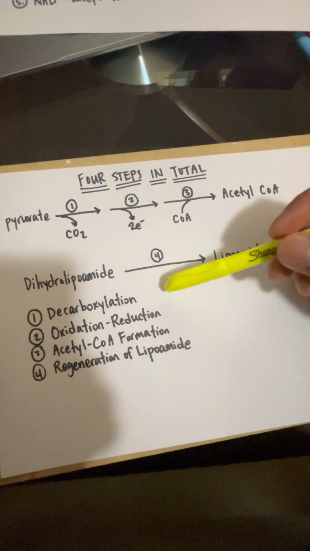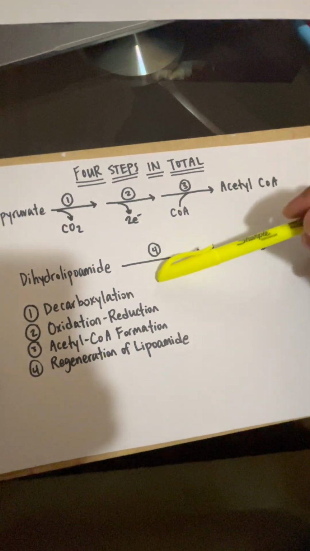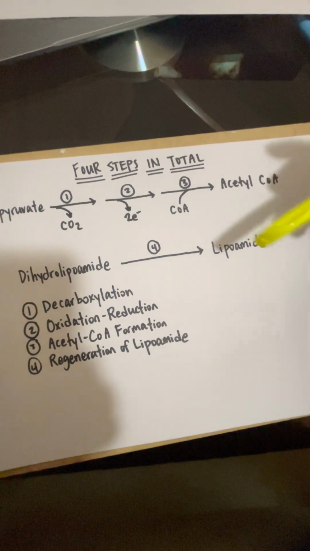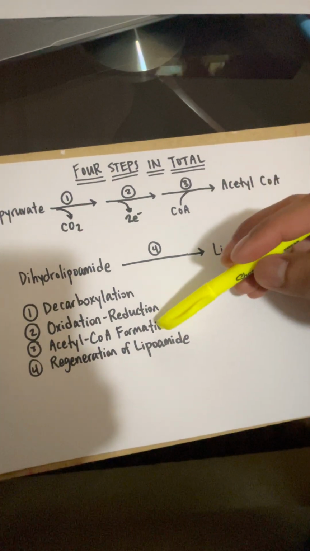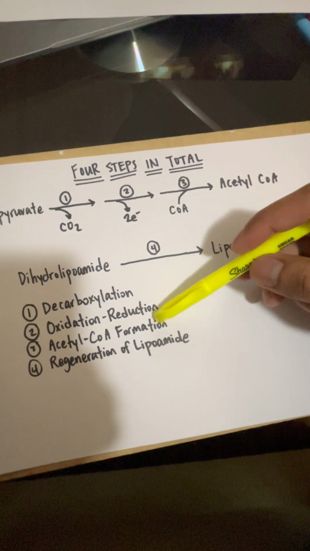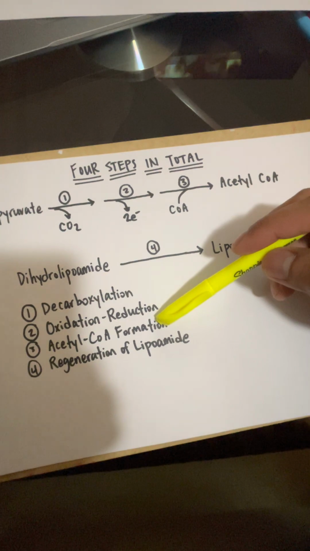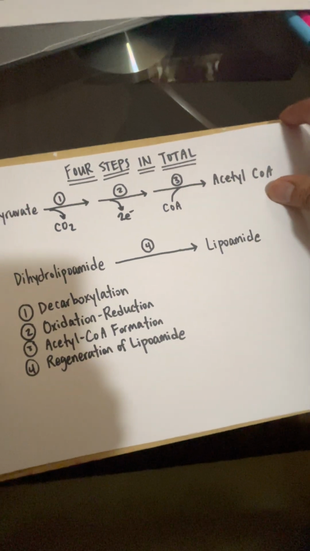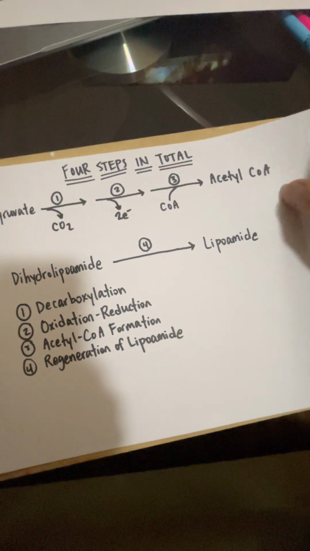So our first step involves a decarboxylation. Our second step involves an oxidation reduction reaction. Our third step is when we form acetyl-CoA itself. And our last step is the regeneration of our coenzyme, lipoamide.